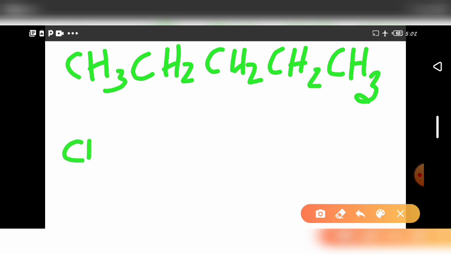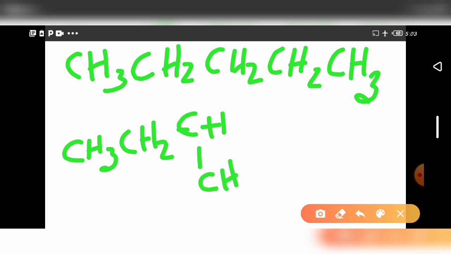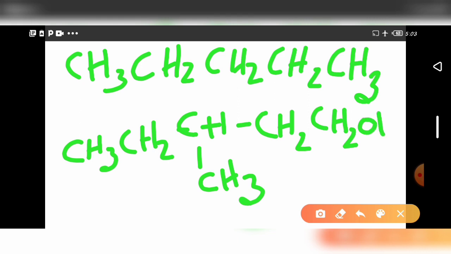See here, I am writing the substituent: CH2, CH, CH3, CH2, CH2OH. See here, how many carbons are in the long chain? 1, 2, 3, 4, 5. There are 5 carbons in the long chain.